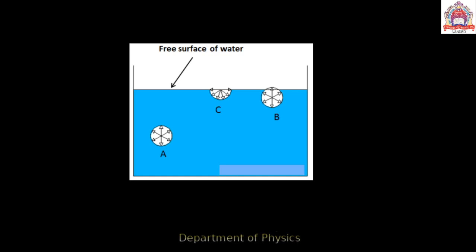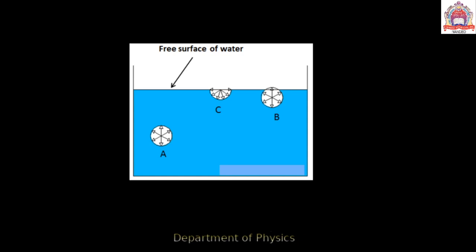Now the number of molecules in the upper half attracting molecule C in the upward direction is less than the number of molecules in the lower half attracting it in the downward direction. So what is the nature of the resultant force? A downward force is always acting on it.